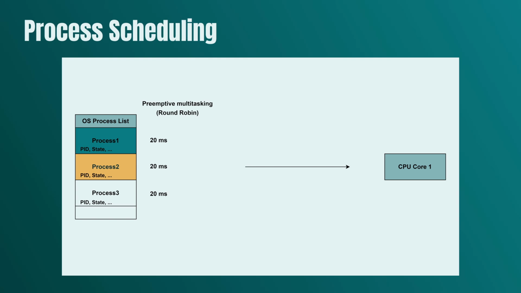But there is an issue with this approach as well. Processes have different characteristics, and this approach doesn't take these differences into account. For example, in this diagram, process 1, the word processor, is an I/O-bound application and spends most of its time waiting for input from the user.